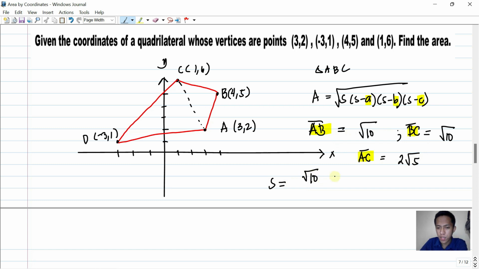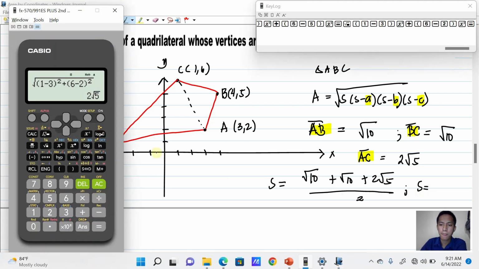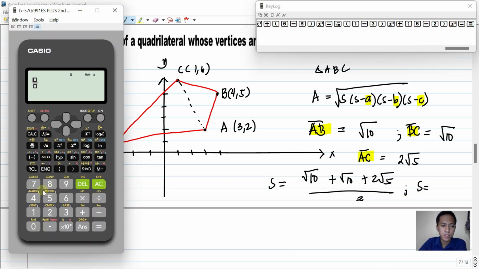So we have square root of 10 plus square root of 10 plus 2 square root of 5, of course, divided by 2. Semi-perimeter. So S is equal to square root of 10 plus square root of 10 plus 2 square root of 5, over 2.